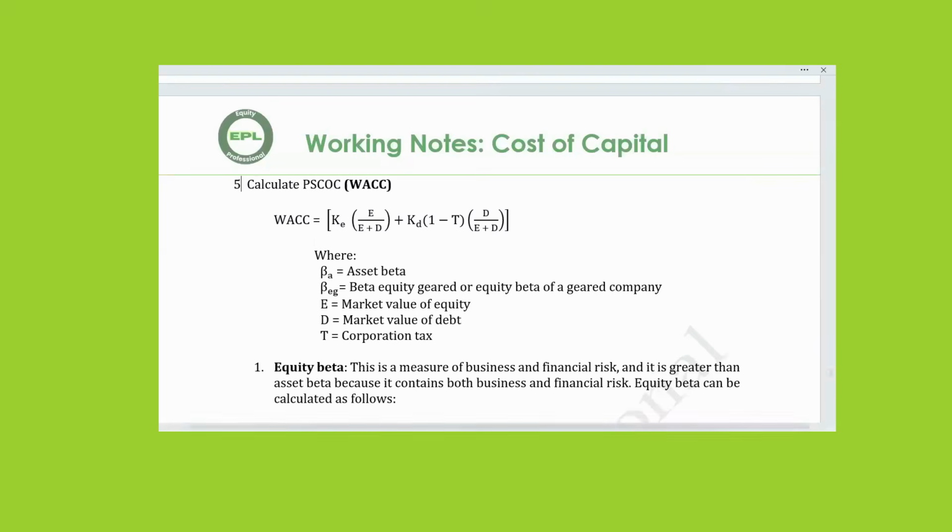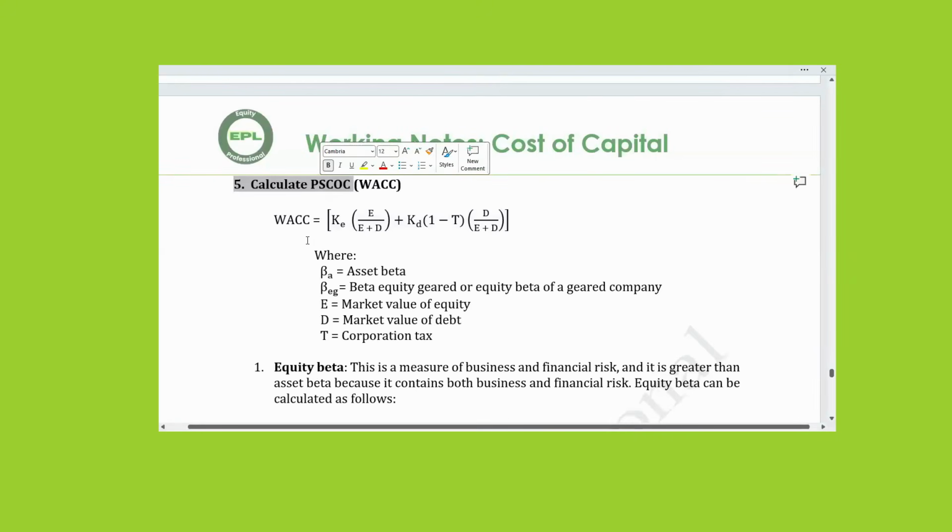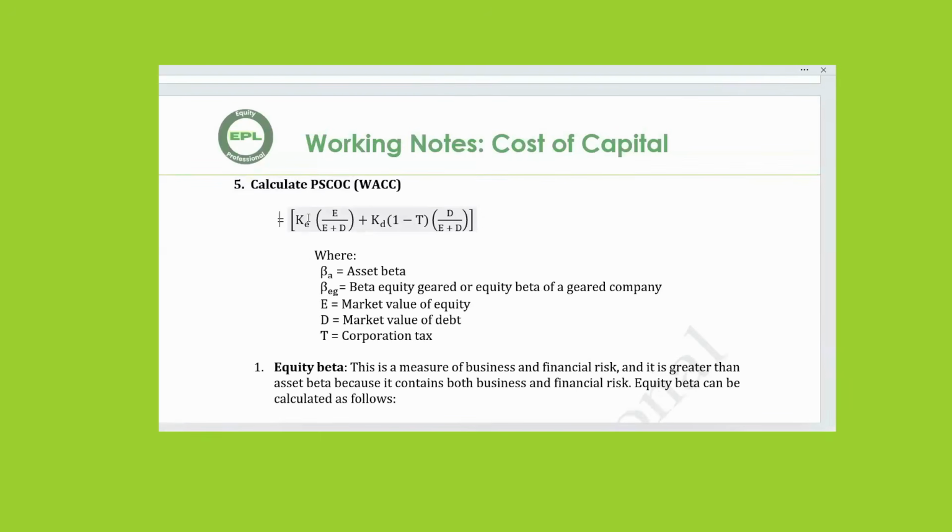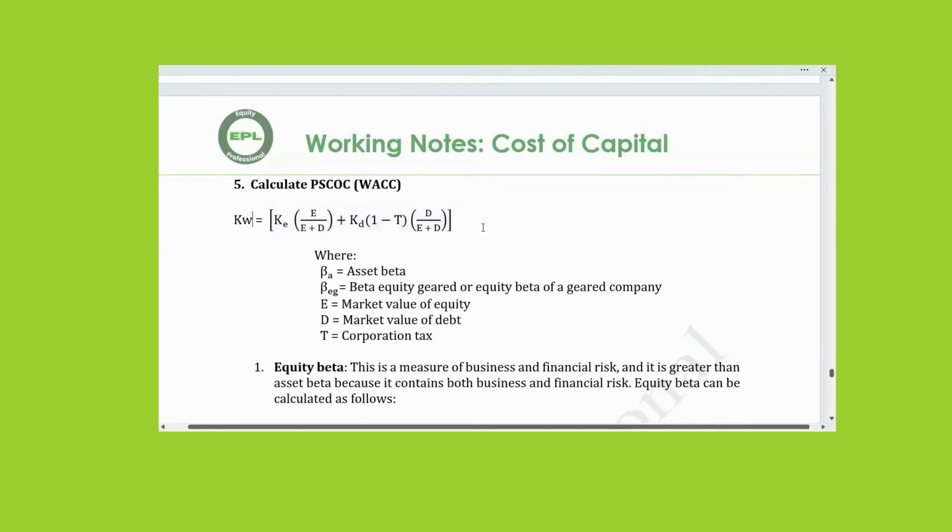That's step 5. So these are the procedures of calculating project-specific WACC. Like I mentioned, it is assumed that the company finances its operation with only equity and debt, nothing like preference shares under project specific.